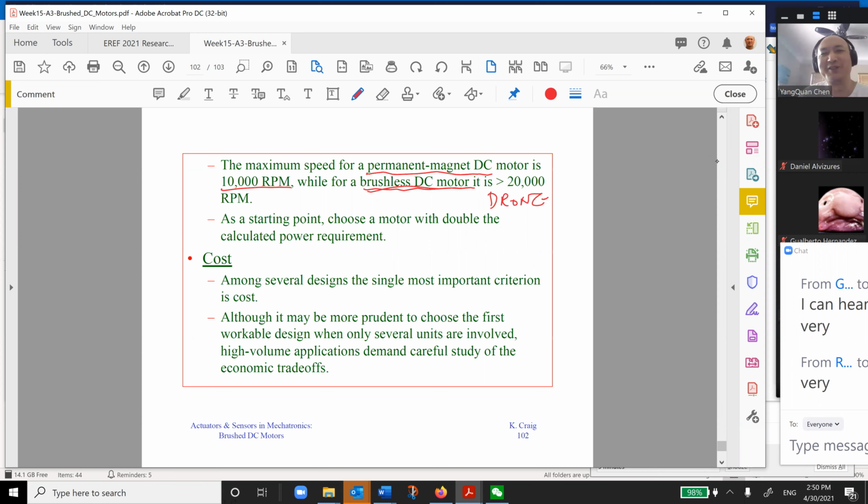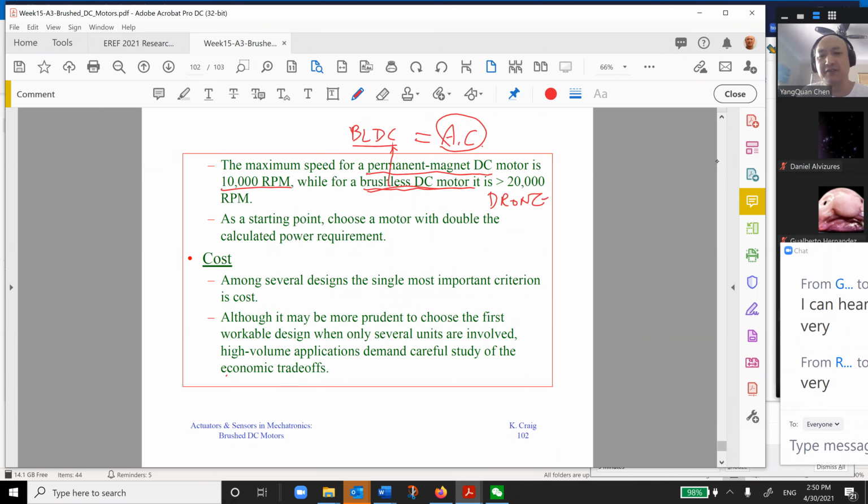Brushless DC motor is called BLDC. A brushless DC motor is actually an AC motor, so alternating current motor. It sounds so weird. The reason we still call it a DC motor is because it behaves like a DC motor, but the inner working principle is actually an AC motor. I'm going to explain that after this.